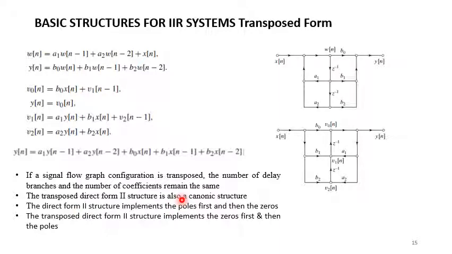The transposed direct form 2 structure is always a canonic structure. The direct form 2 structure implements the poles first, you understand, and then the zeros. In the transposed direct form 2 structure, the zeros will be implemented first and then followed by the poles.